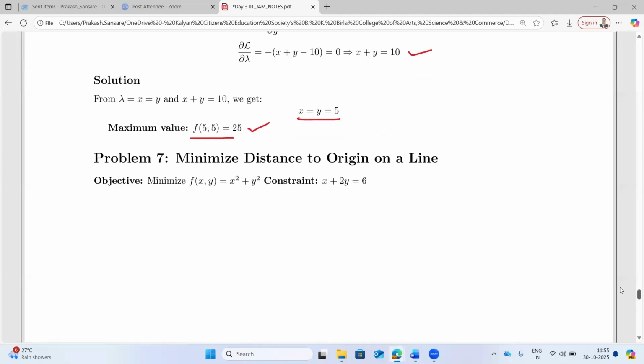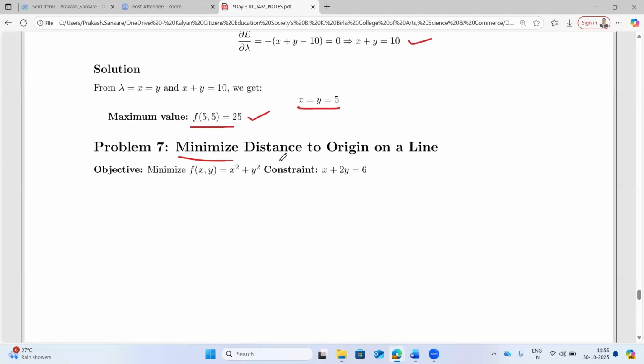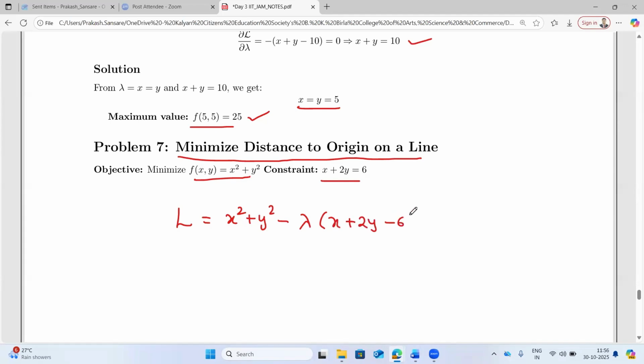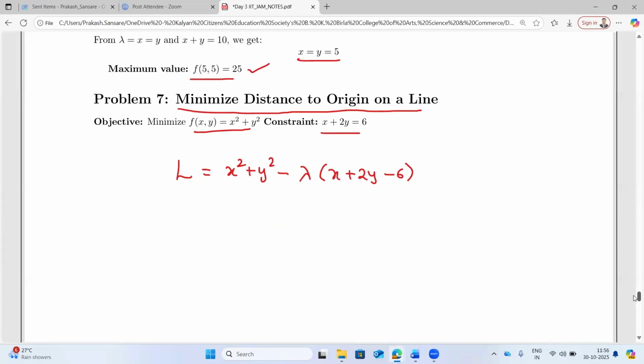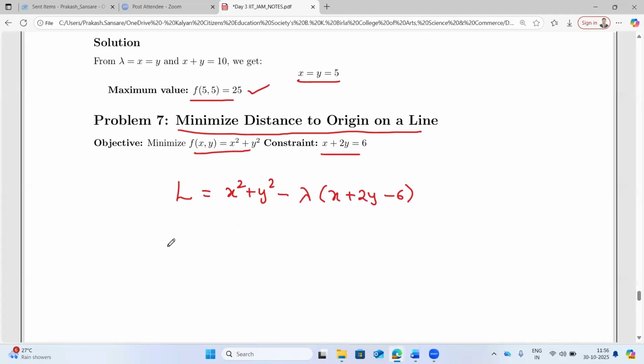Another quick question: minimize distance to origin on a line. Now f of x comma y is equal to x square plus y square, and the constraint is x plus 2y equals 6. So the function L is basically x square plus y square minus lambda times x plus 2y minus 6. Now I will find the partial derivative with respect to x, which is 2x minus lambda, equal to 0.